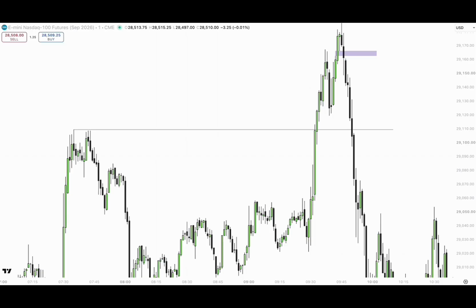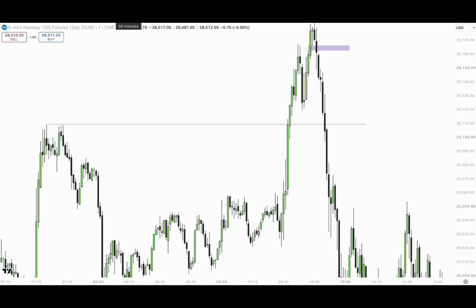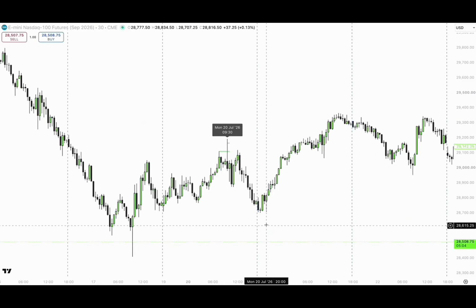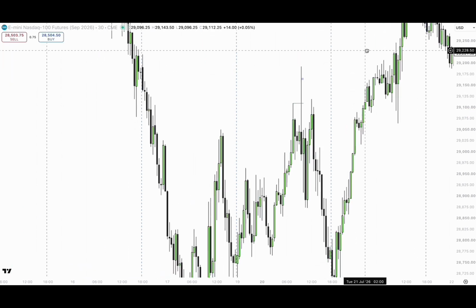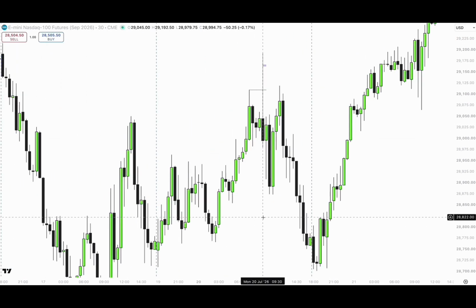Then we also have smaller time cycles. For example, one of them is 30-minute cycles, and you can see them when you click on the 30-minute time frame right here. Every 30-minute candle is a 30-minute time cycle inside of the market.